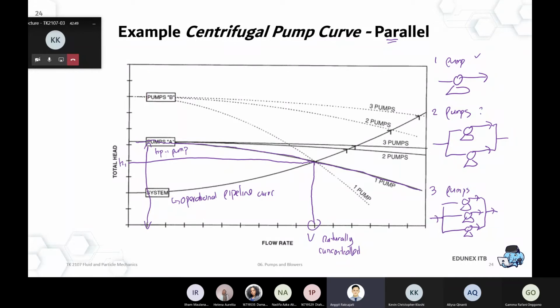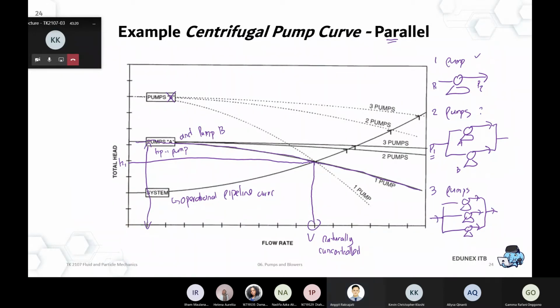Instead, P1 is the inlet and that is P2, and it will still enter both pumps at P1. Pump A and pump B, if they are identical pumps, will result in the same delta head, the same delta pressure generated by the pump.